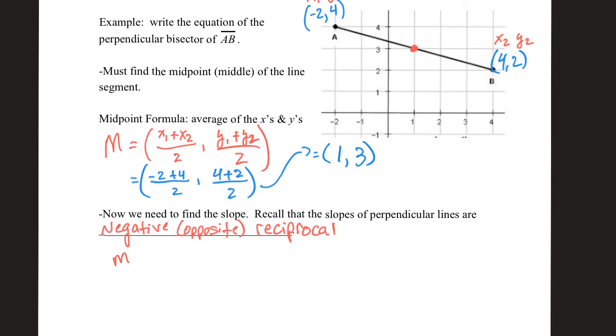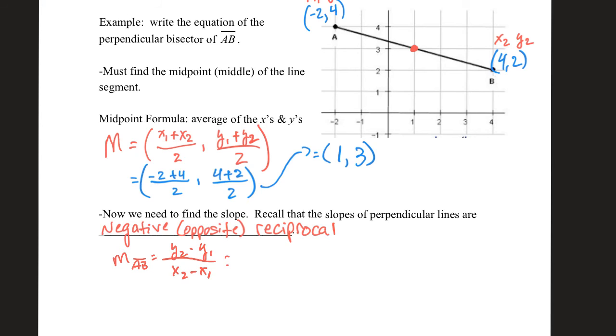So line segment, and then I'm just going to do a subscript of AB here to say what I'm finding the slope of. And that again is y2 minus y1 divided by, well, I don't actually need to do this because I can just do it from my picture, but let's just do the formula anyway. y2 minus y1 divided by x2 minus x1.